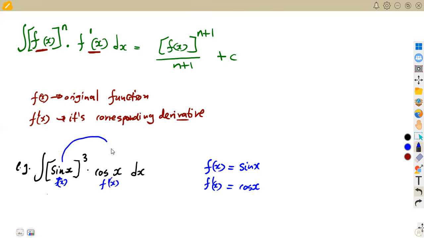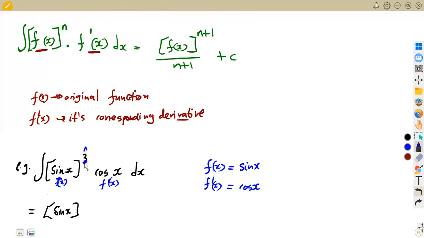Whenever this is giving us this part, guys, the rule is stating that our answer is going to be f of x to the exponent of n plus 1, meaning you consider your f of x in this case, which is sine x. So we are going to have the sine of x, this whole part having an exponent n plus 1.